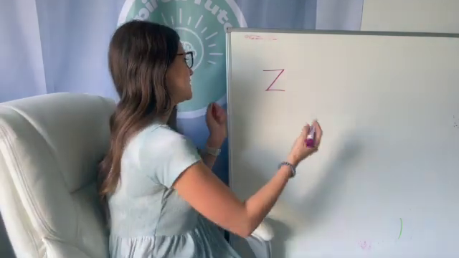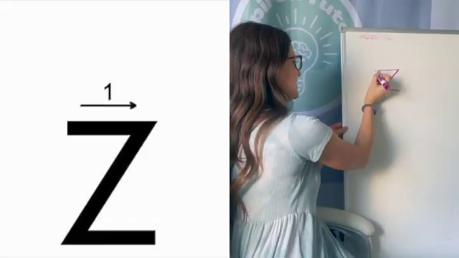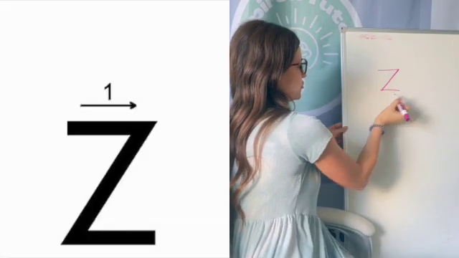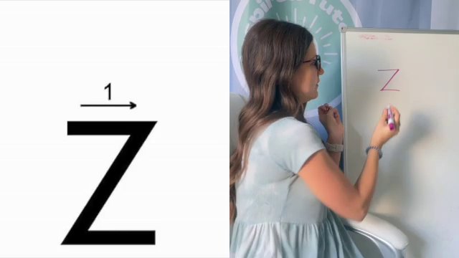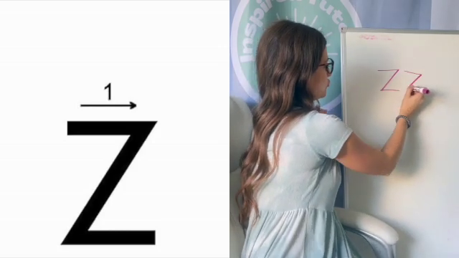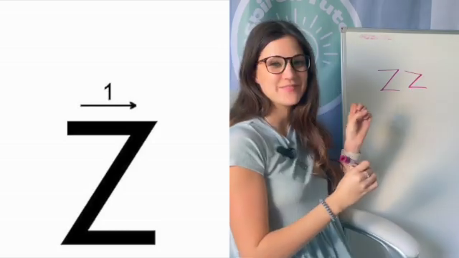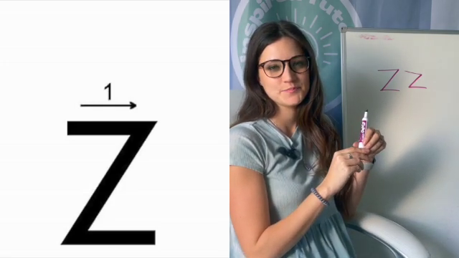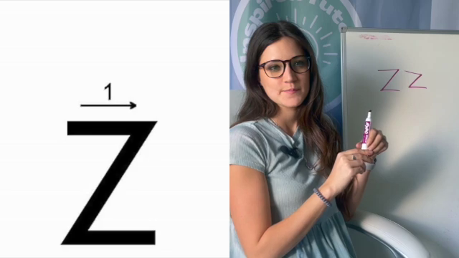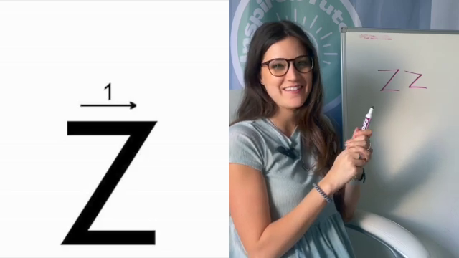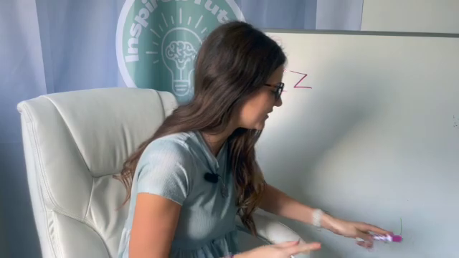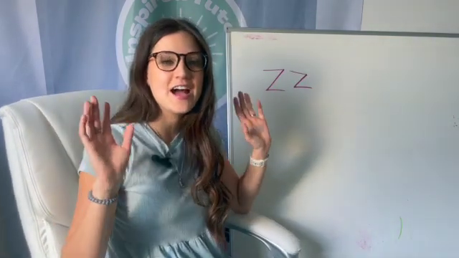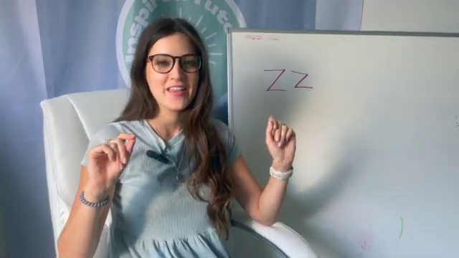All right, so this is how you write a Z. It's kind of like a zigzag. All right, I want you to try. Very good. We have officially gone through the entire alphabet in one video.